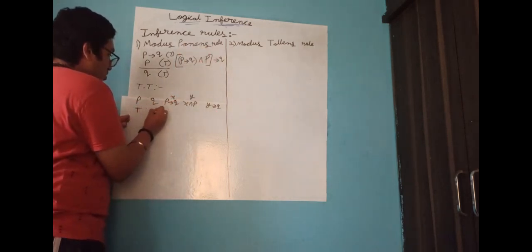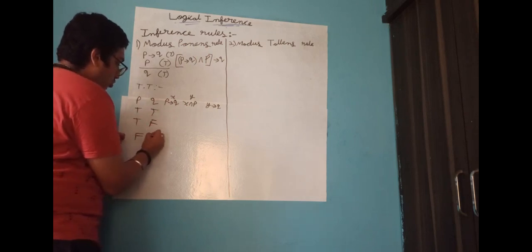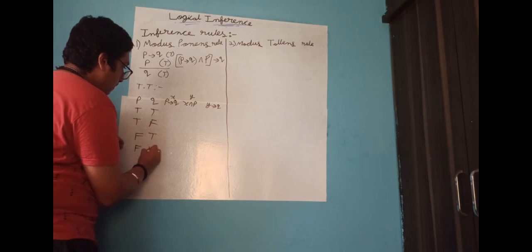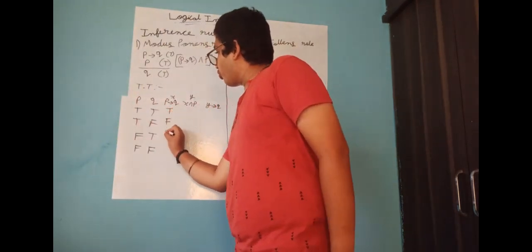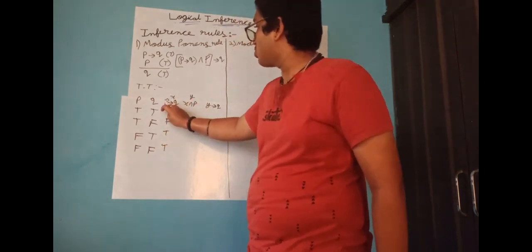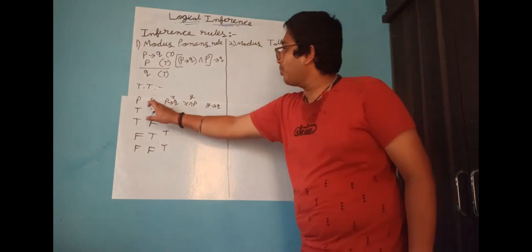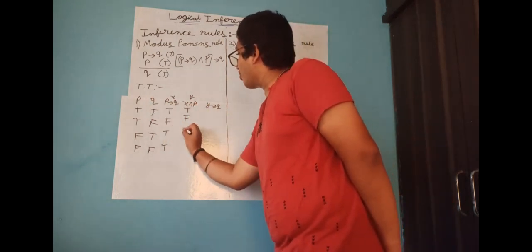Let us see. True, true, true, false, false, true, false, false. Now coming to P implication Q: true, false, true, true. X and P. X is nothing but P implication Q, and P. True and true, true. False and true, false. True and false, false.